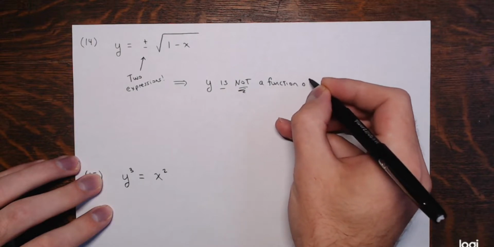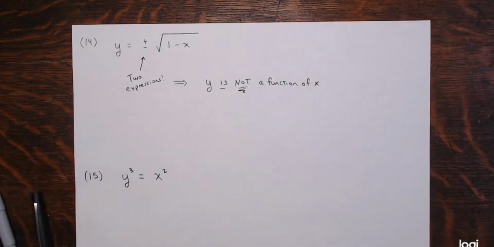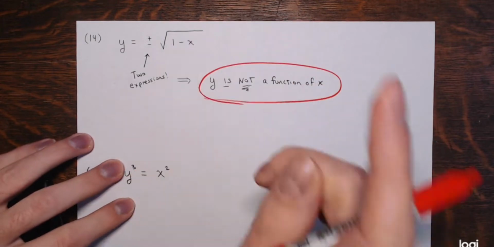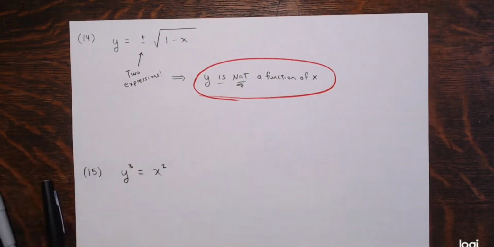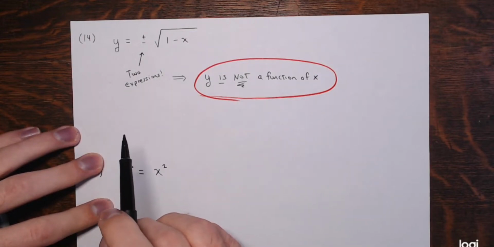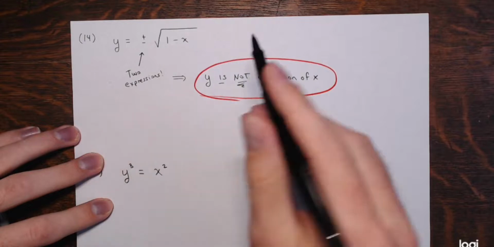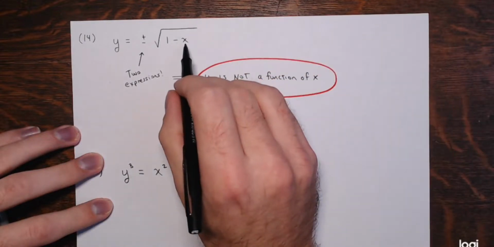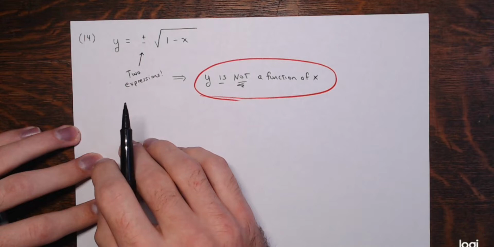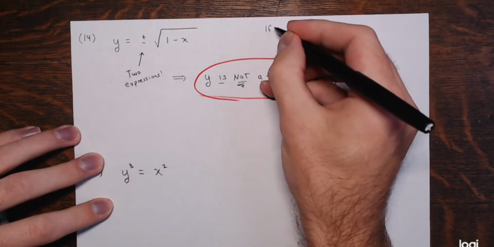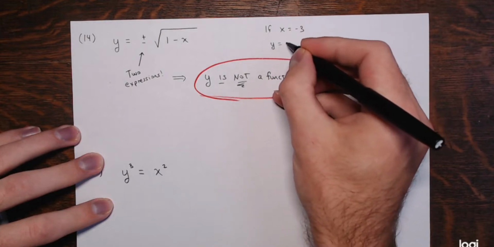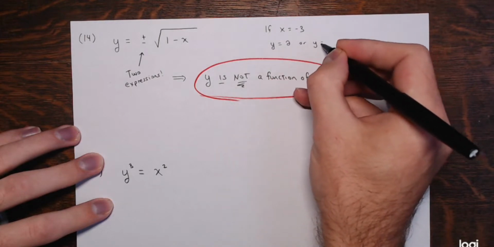And again, I can give you a quick example. Now here x has to be, remember you can't take square roots of negatives when you're dealing with real numbers, so x has to be less than or equal to 1 here. Now when x is 1, y is 0, and that's it. So that's not a good example. But when x is negative 3, y is either going to be 2 or negative 2, plus or minus 2.